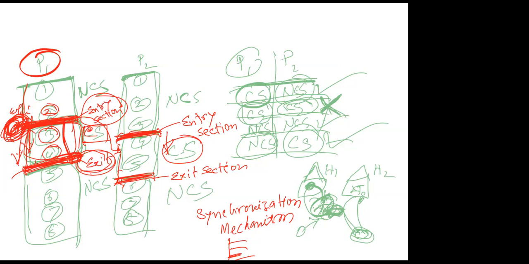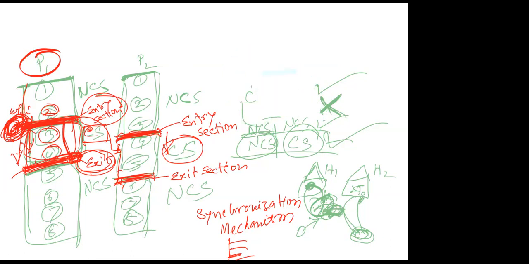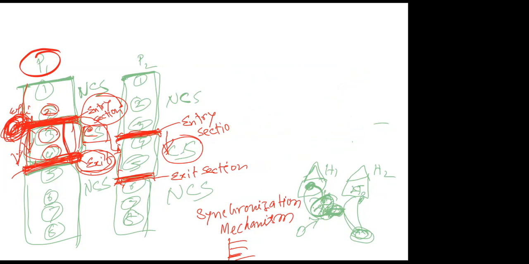Okay, let me clear some part before I explain the synchronization mechanisms and how you can evaluate a synchronization mechanism. There are several synchronization mechanisms we will learn one by one, but now let's check on which basis you will consider that one synchronization mechanism is better and another is not as good. How can we do this?